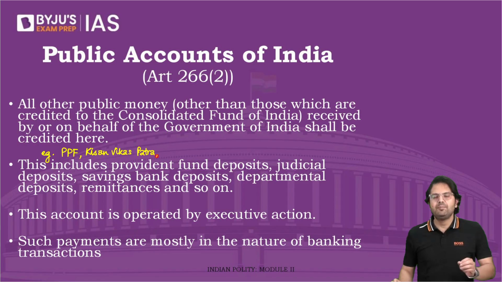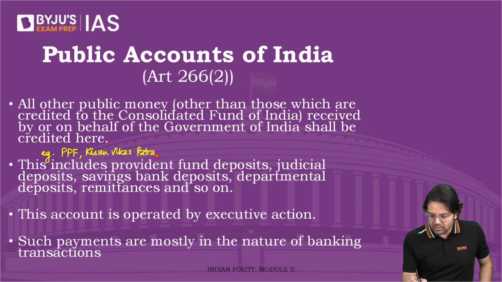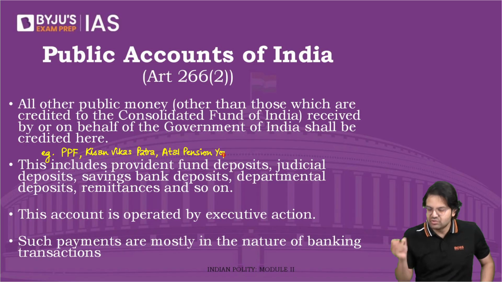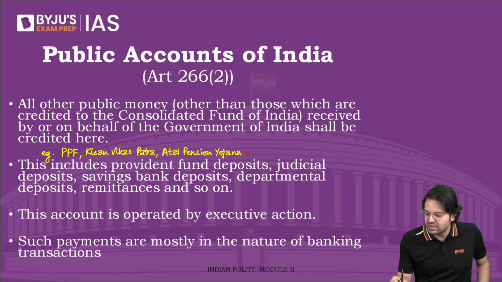Are they clear? So you keep your money and the money grows at a very slow rate. That is called KVP. Or an account like Atal Pension Yojana, Sukanya Samriddhi Yojana.